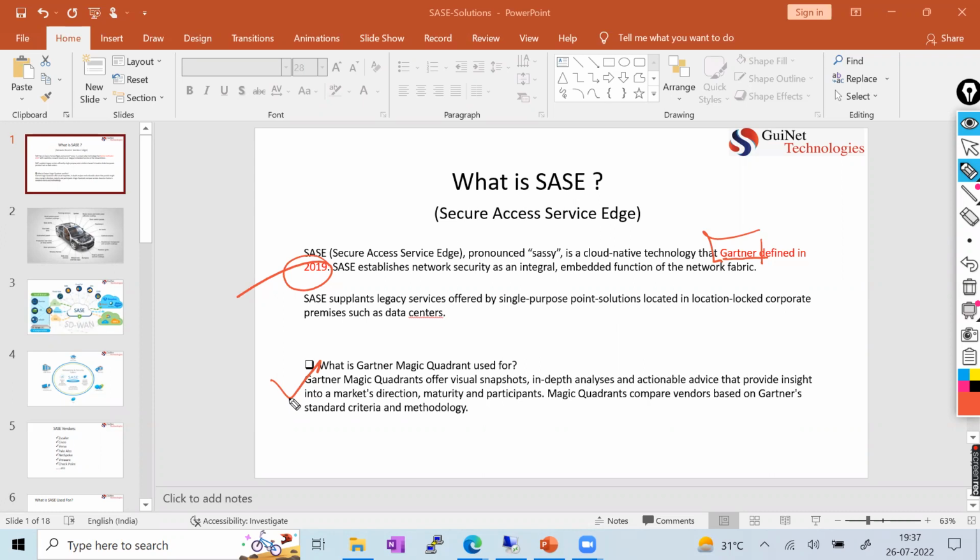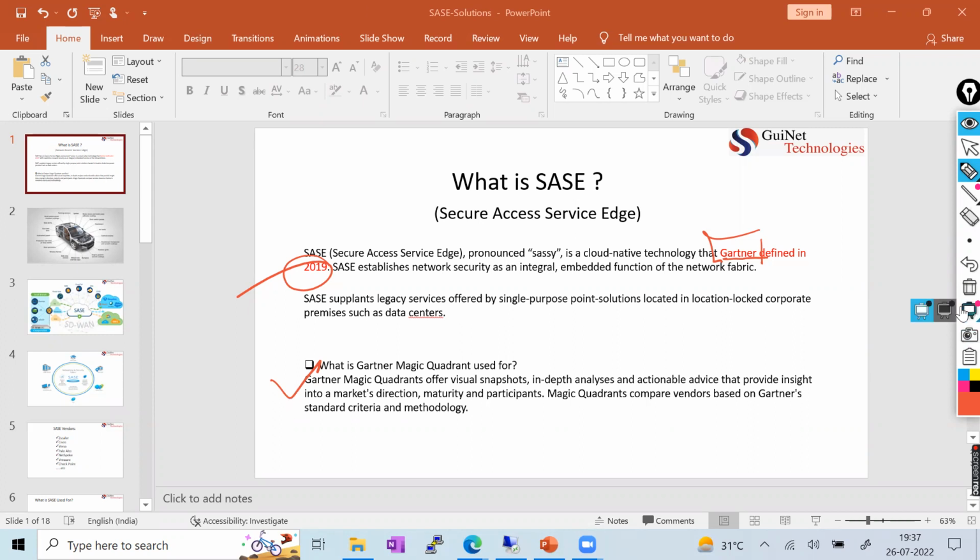So Gartner is one of the research-based companies that keeps doing research on the market requirement, and based on it, the different vendors develop different products.